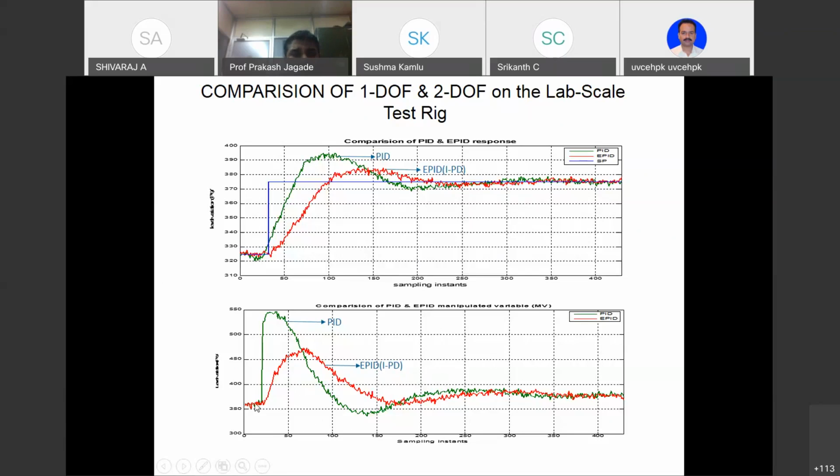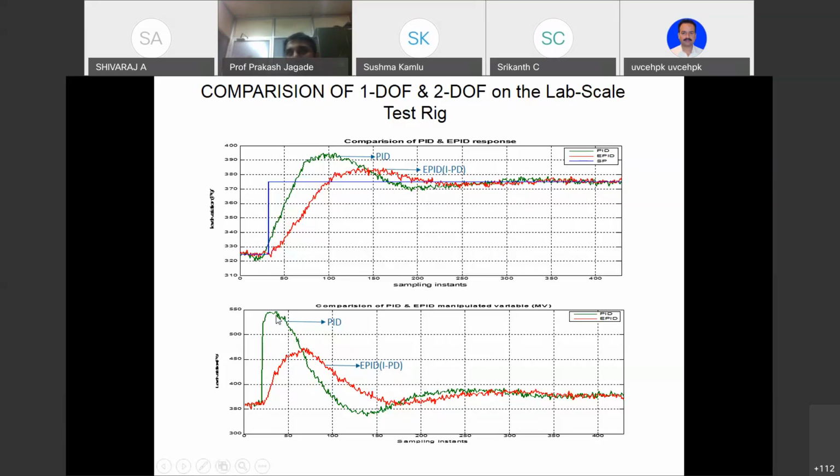At the 40th sampling instant, we introduced an abrupt change in the set point. Because of this abrupt change, you will see an abrupt variation in the controller output. This we call a kick. You won't get a smooth variation, you get an abrupt change in the output of the controller.